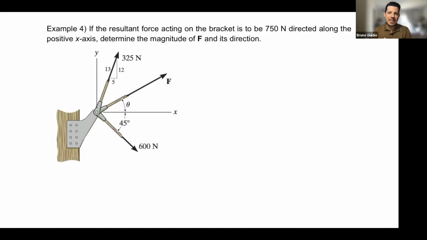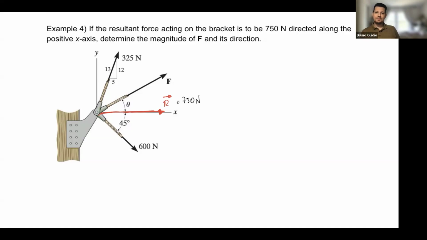And then also the direction along the positive x-axis, meaning that the resultant should be right here, along the x-axis, and the magnitude is 750 newtons.